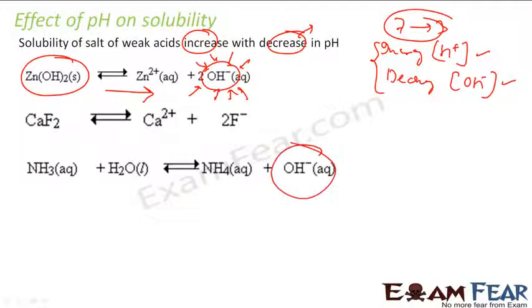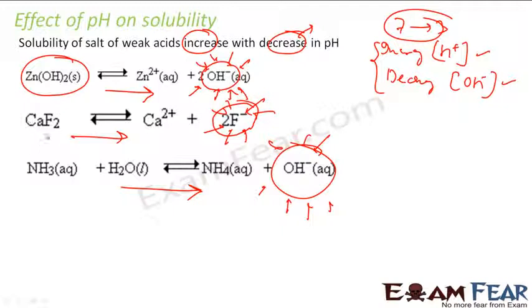Same thing here also. If I am decreasing the OH minus ion concentration, the stress will be resolved if the equilibrium moves in this direction. If I am increasing the H plus ion concentration, H plus will react with F minus from HF, so this is reduced. If I am reducing this, the equilibrium will move in this direction to make sure that the stress is released, and thus it will be dissolved.